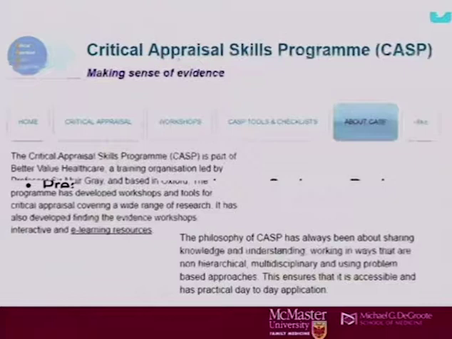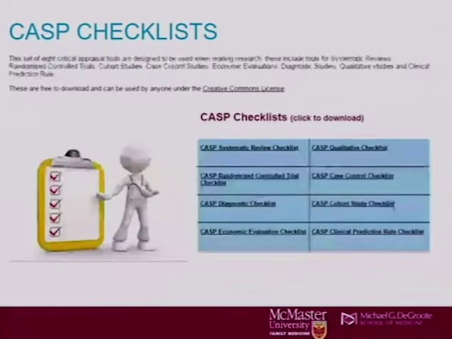So, to dive in a little further, what they present on their website are these CASP checklists. They are organized by way of study type. So you have your systematic review checklist, your RCT checklist, and so on and so forth. I'm going to delve into the RCT checklist.